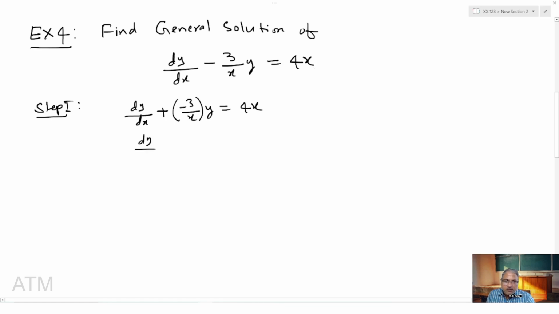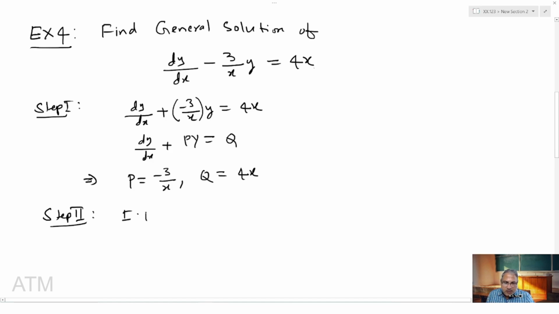Comparing it with dy by dx plus py equals q, it implies p equals minus 3 upon x and q equals 4x.